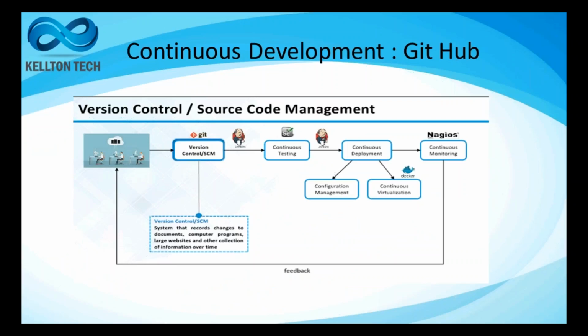So what is continuous development? We can achieve the first phase of DevOps, continuous development. One way to achieve continuous development is by Agile methodology, which is a part of the DevOps implementation.